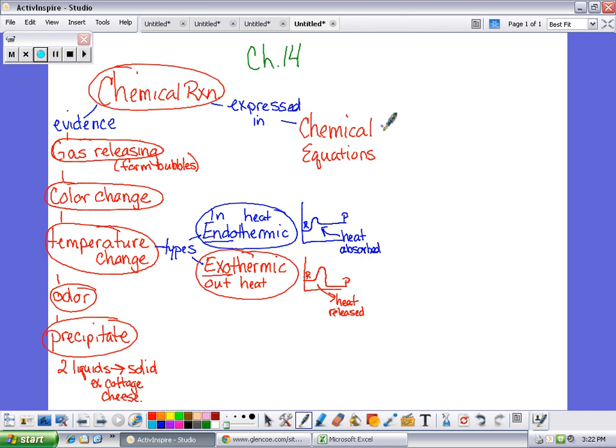So the parts of a chemical reaction include your reactants and your products.